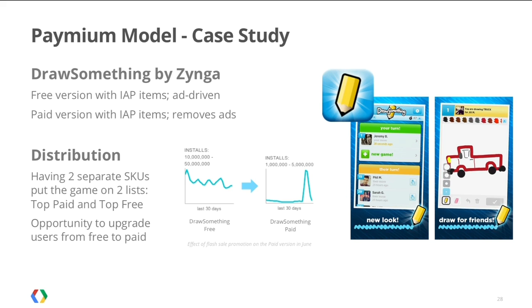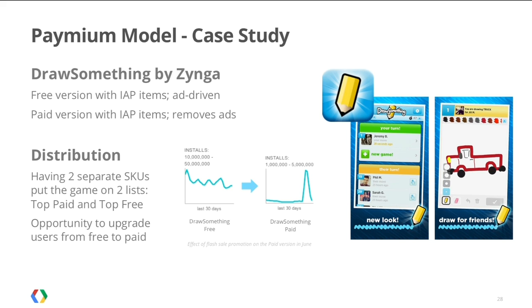The reason why we picked Draw Something is, again, it's a very, very successful title. It's #1 top paid overall, and #7 top grossing overall in the store. In Brain and Puzzle, it's #1 top paid, #5 top free, and it also occupies the #1 and #3 in top grossing, with the Paymium version doing a little bit better on the #1 slot there.